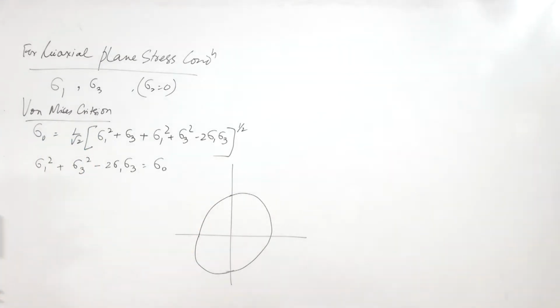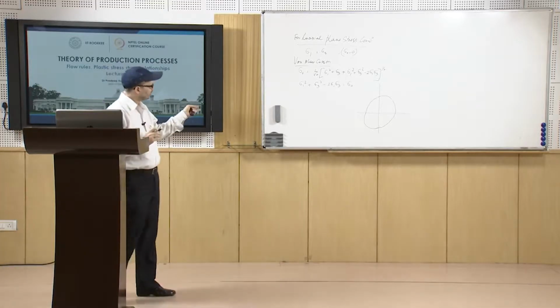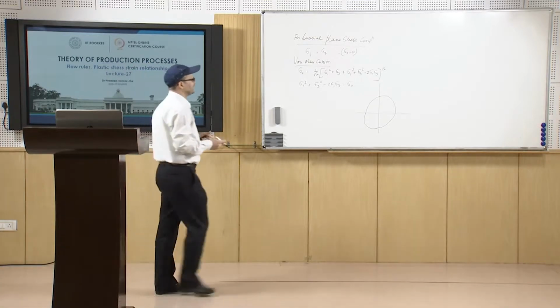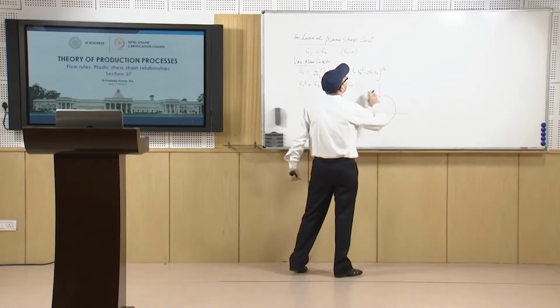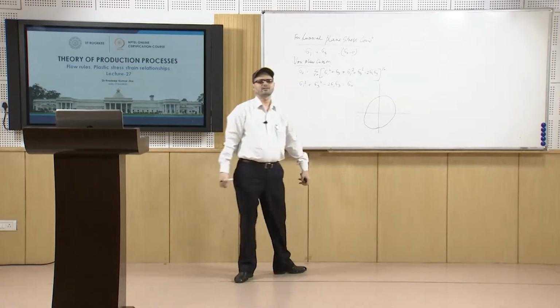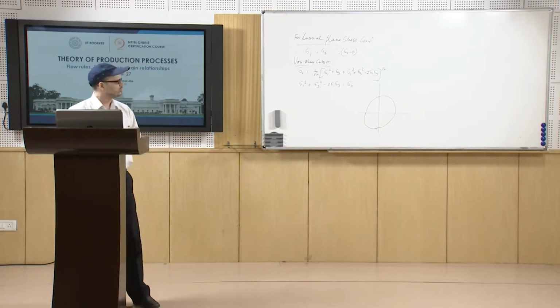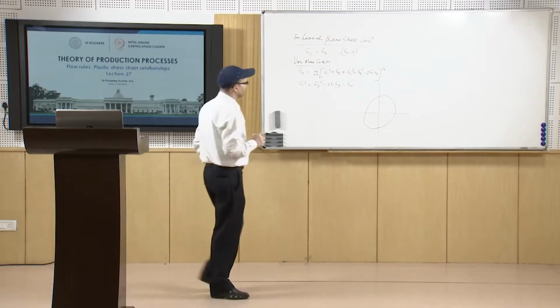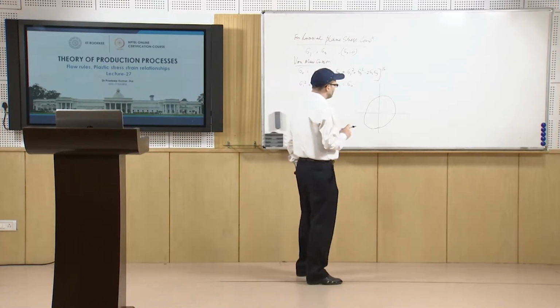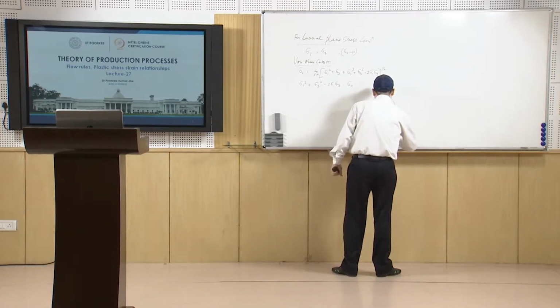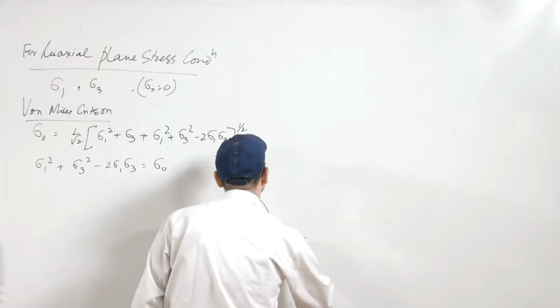Now, the yield locus tells us that the point which will be predicted will fall on this line, and this is the locus when you use the von Mises criteria. You will have different combinations of sigma 1 and sigma 3, and the conditions by von Mises will be predicted by these lines.